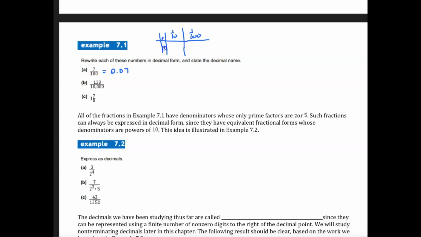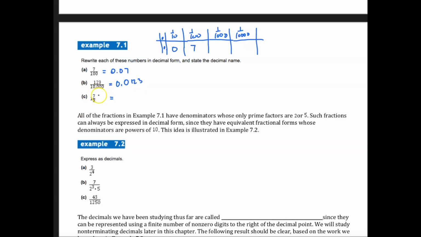You have your decimal, here's your ones position, there is 7/100, and so that's where that decimal comes from. Next, 123 ten-thousandths: if we continue on with our place values, this is 1 over 1,000, and then the next one is 1 over 10,000. So our decimal has to be 4 decimal places long. So it's 0.0123.